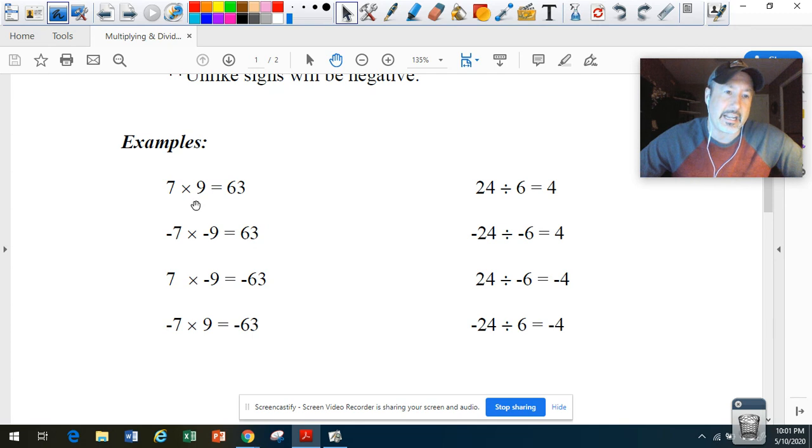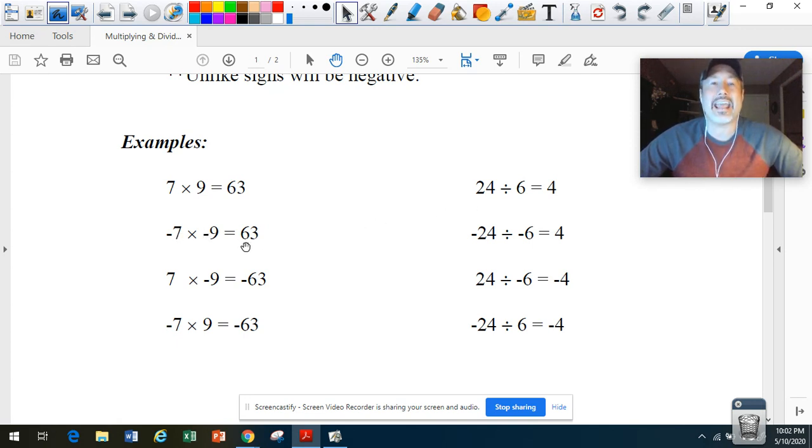So as you see, this one here, we have a positive 7 times a positive 9. Answer should be positive. So it is positive 63. Look over here. A positive 24 divided by a positive 6 equals a positive, because that's what the rule says, signs are alike. The answer should be positive 4. Let's look over here. These signs are both alike.